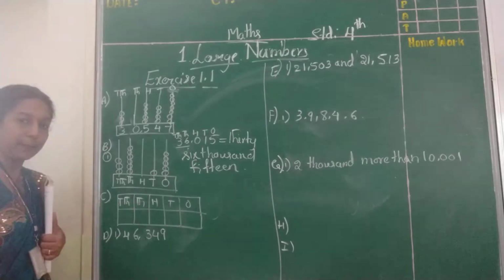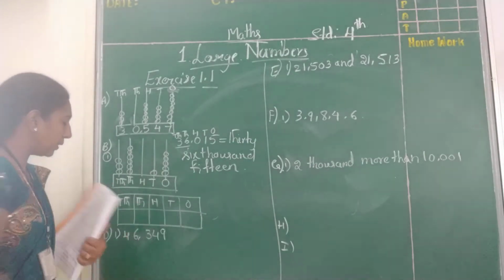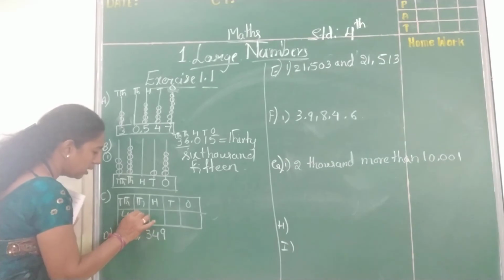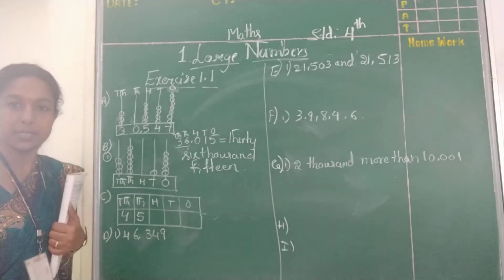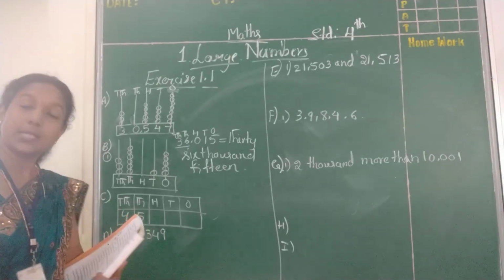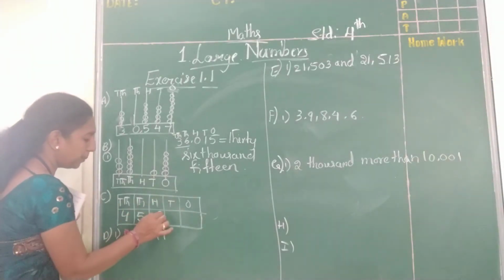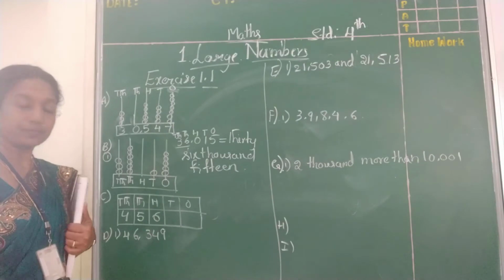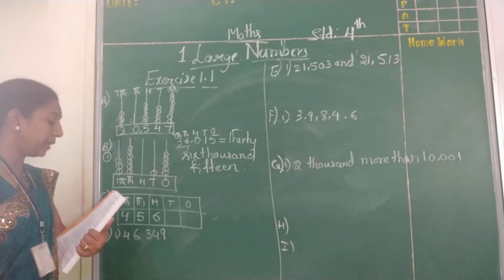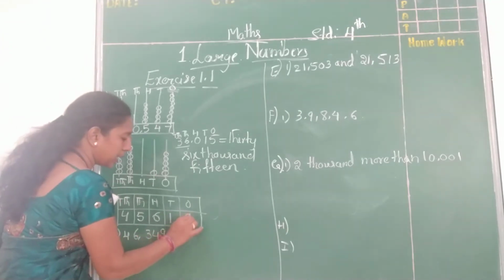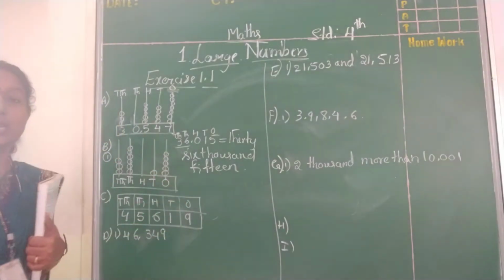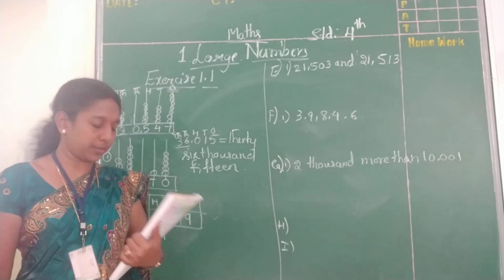So what is the number given? 45. So 45,000. So in the 1000 place I fill it. Next is 600. So in the 100 place 600. Next comes 19. 19 means 19. So 19. Got it? So this is how we have to write.